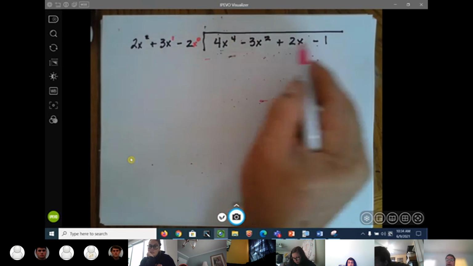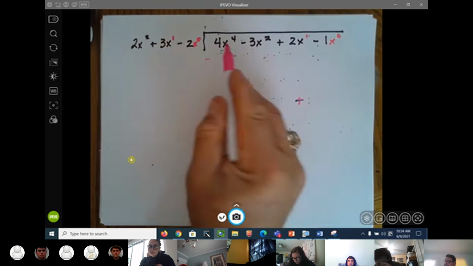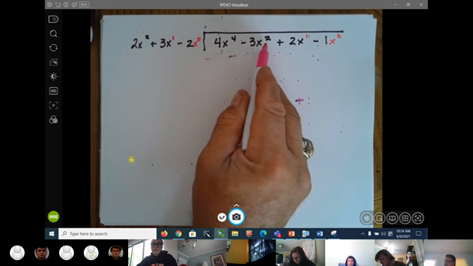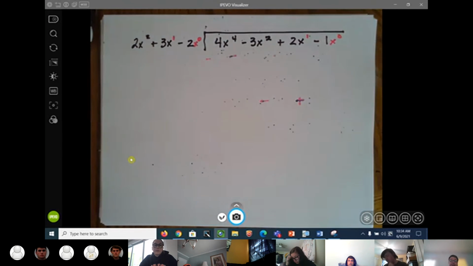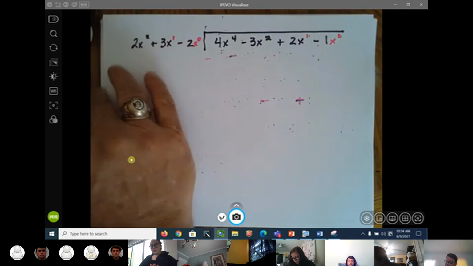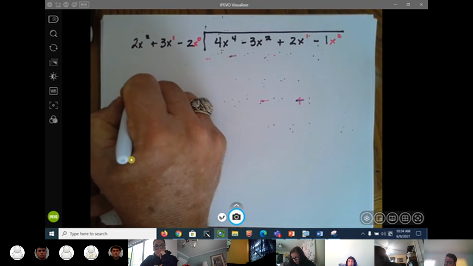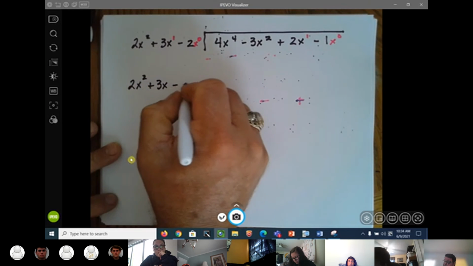So we've got to go all the way down to 0. So let's do that. 4, 2, 1, 0. So we're missing something. So we've got to either add a space or add a term. So here we go. 2x to the second plus 3x minus 2.